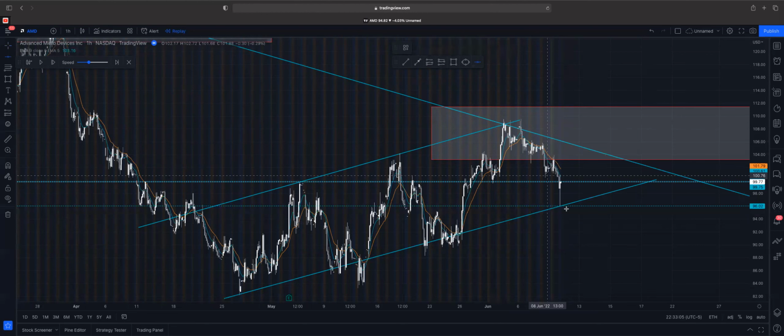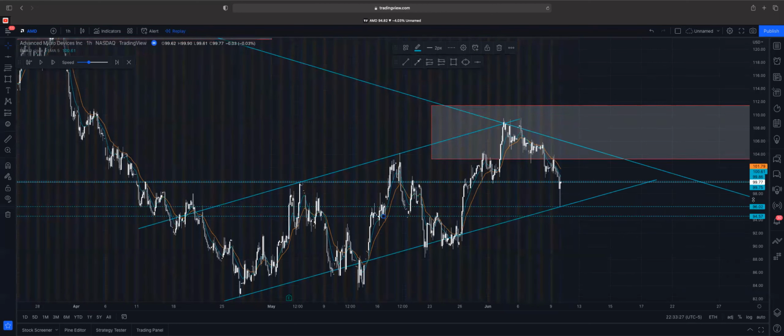And then I normally make two to three levels, because normally it always clears that first level. So we have another level here at 94.60. You see right here with support, resistance, support, support, support. So normally I'm just going to leave it like that.